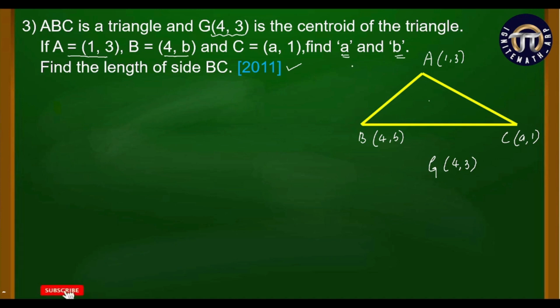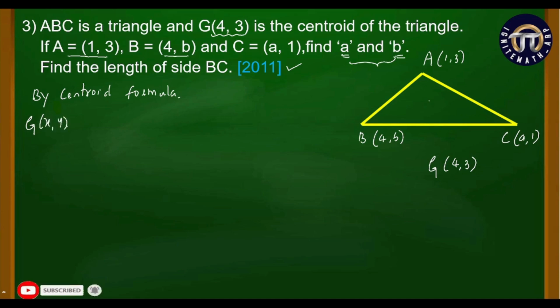You are supposed to find out the values of a and b. So now by the centroid of a triangle formula, you know that G(x, y) is equal to ((x1 + x2 + x3) by 3, (y1 + y2 + y3) by 3).